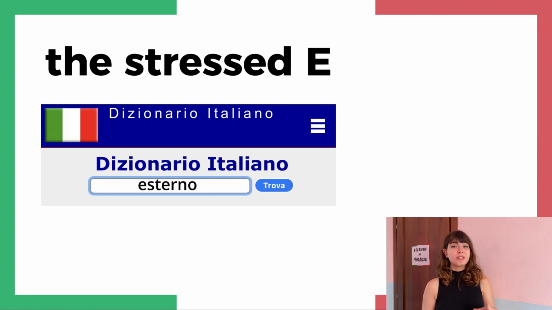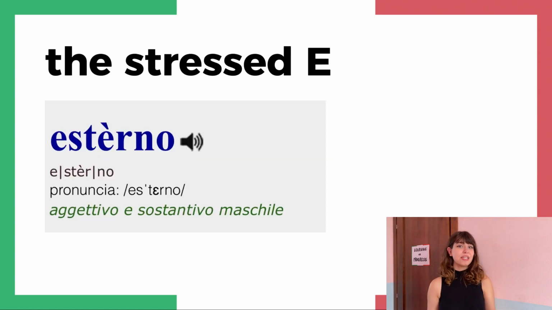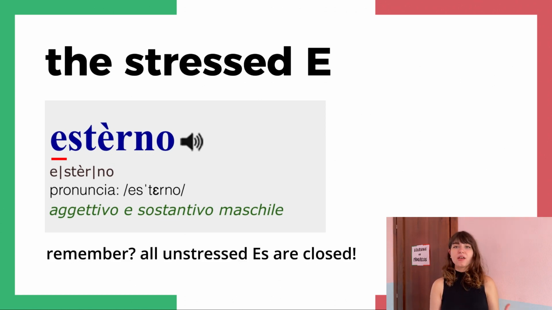Let's take the word esterno. This is a difficult word if you're a beginner, but I'm just using it to show you how the dictionary works. As you can see, the word esterno has two E's. The stress falls on the second E because it has the accent. The first E is obviously closed because it's not stressed.